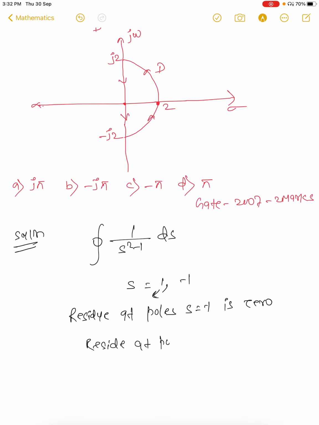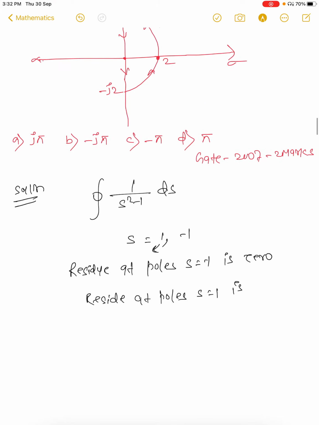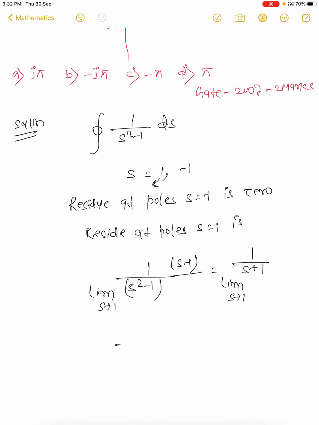And the residue at pole s equal to 1: what will happen? We have s squared minus 1, and here we multiply by s minus 1. So you will get s plus 1 in the denominator, and taking the limit s tends to 1, you will get 1 upon 2.